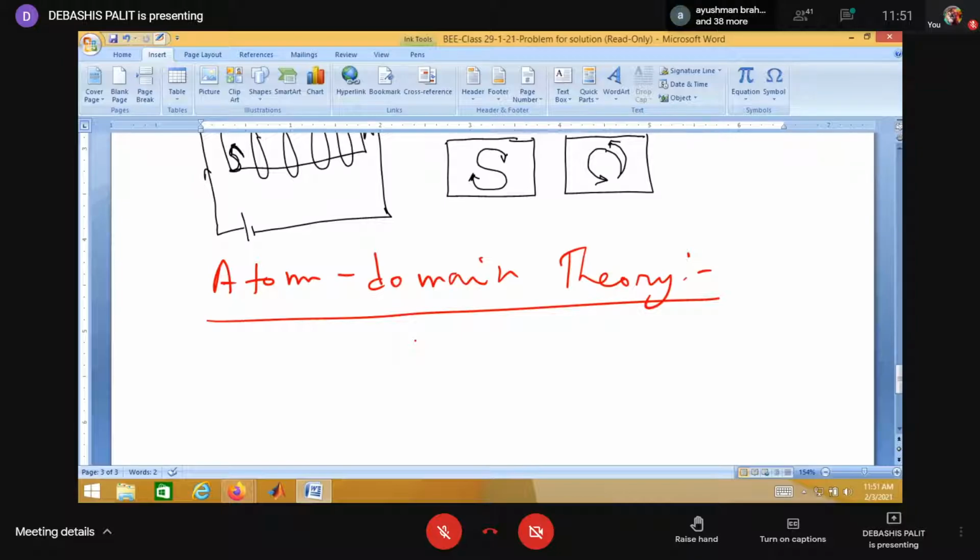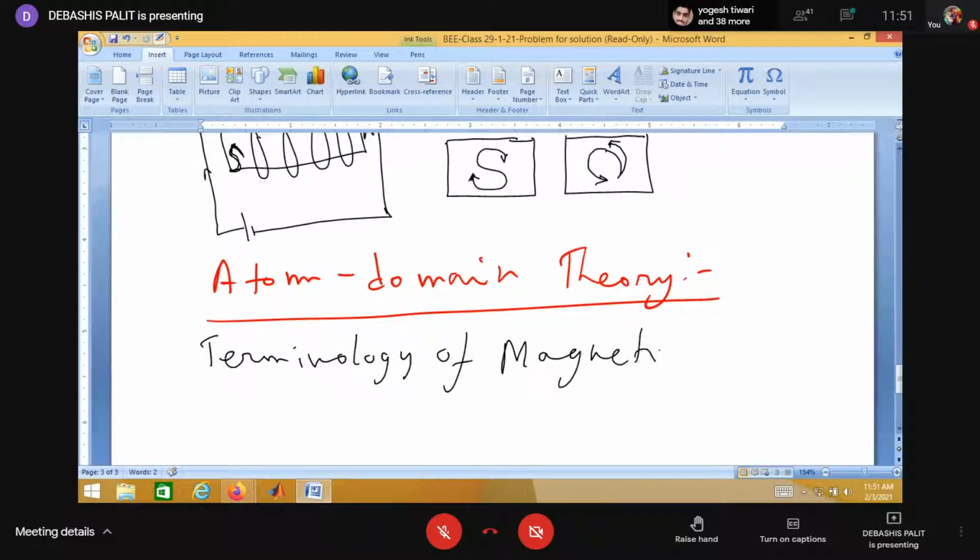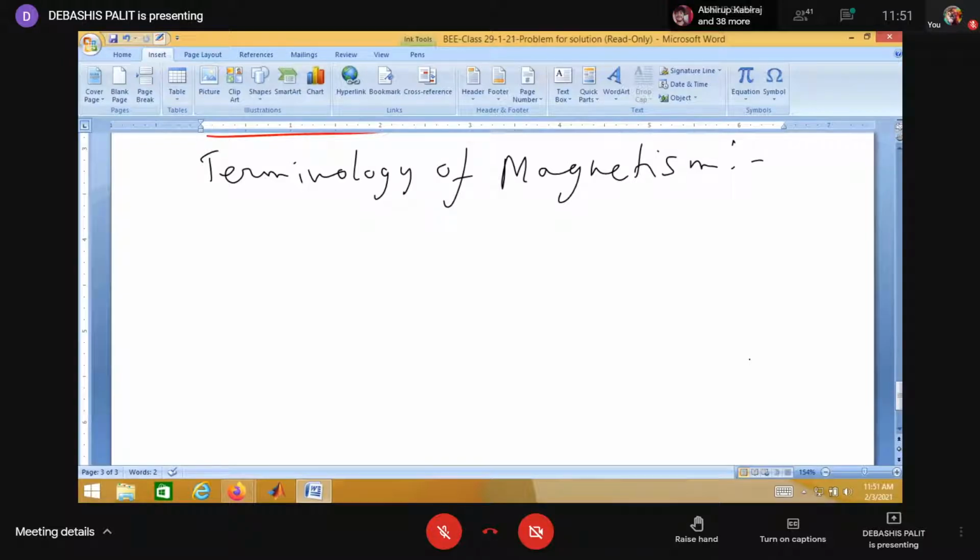Firstly, the magnetic circuit. What is a magnetic circuit? Actually, a magnetic circuit is analogous to the electric circuit.